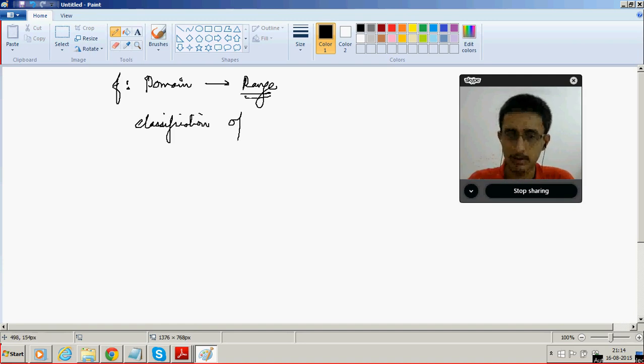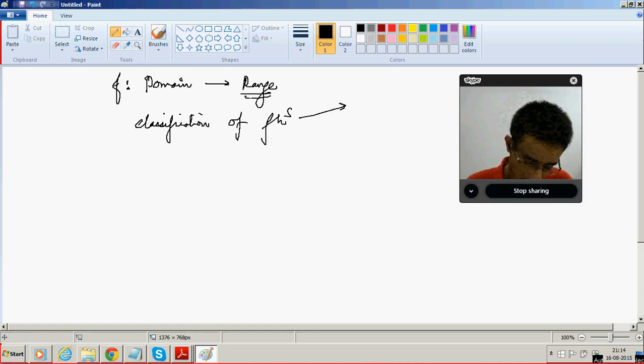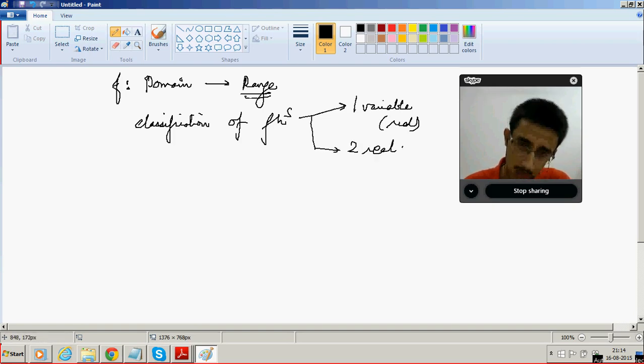Functions like a function of one real variable, a function of two real variables, three real variables, right? You know what I mean.